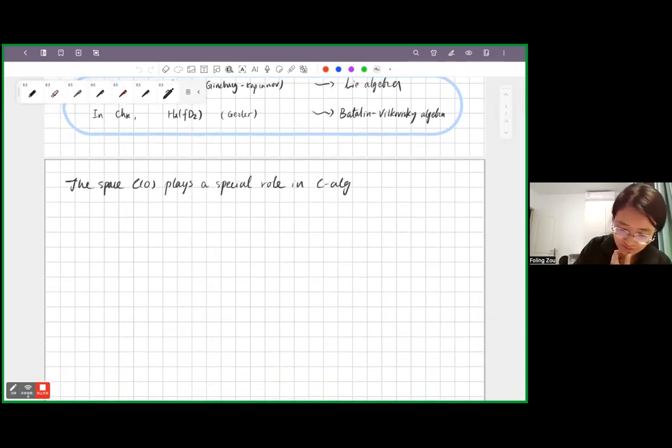And now let's look at what role the zero space plays. The zero space C0 plays a special role.